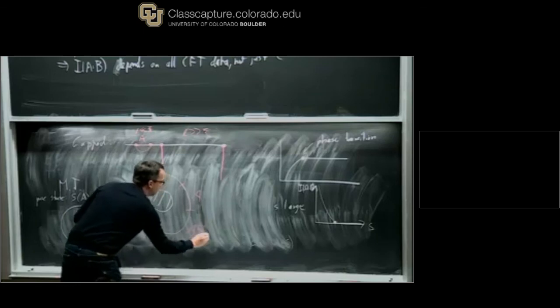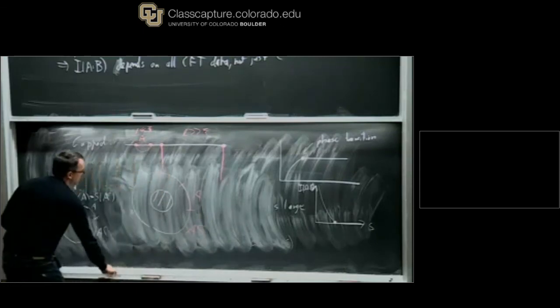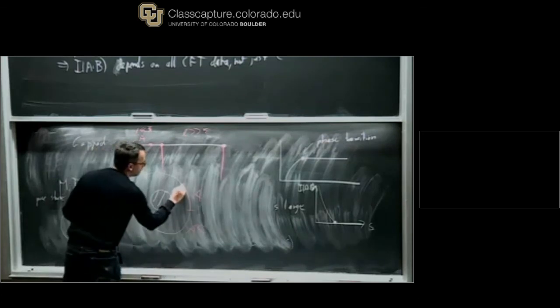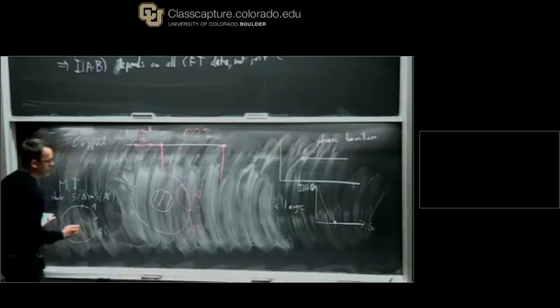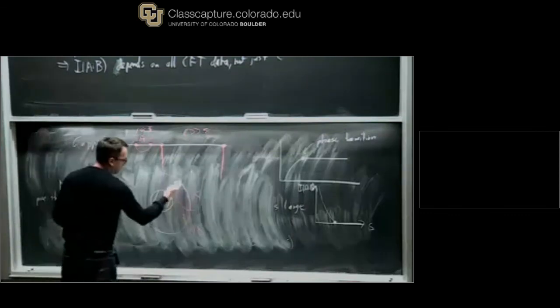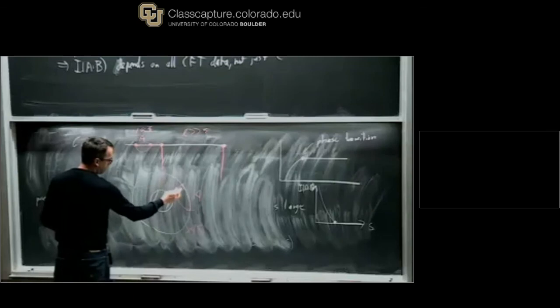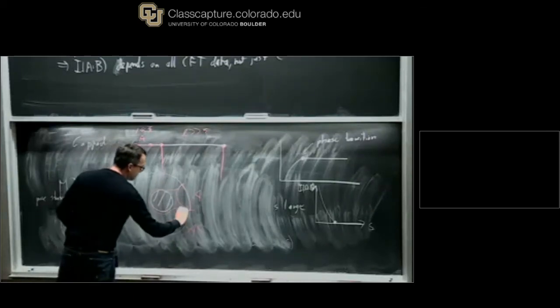And so it's no longer the case that they can share the same minimal surface. So I might have some minimal surface for A. Maybe it does something like that. This cannot be the minimal surface for A complement because this is not homologous to A complement. The thing which is homologous to A complement has to go around the horizon.